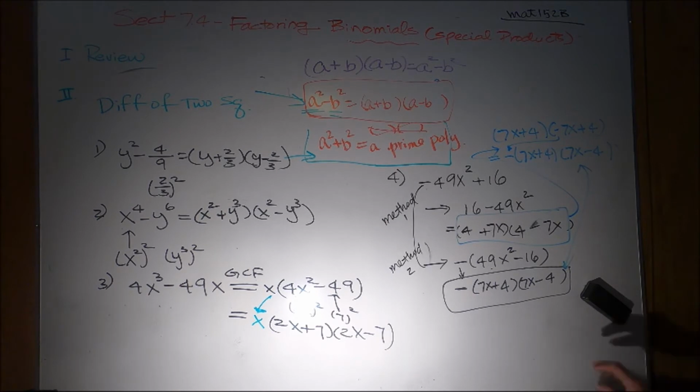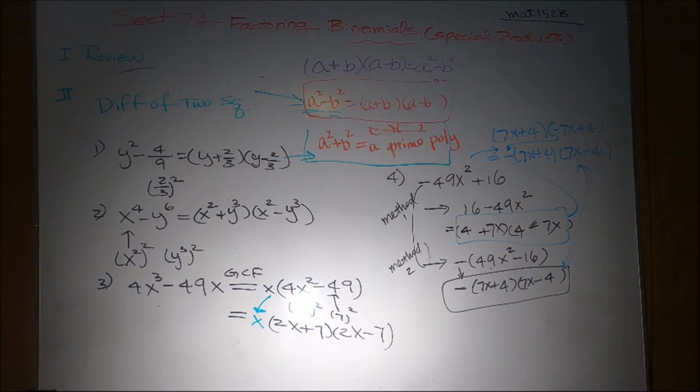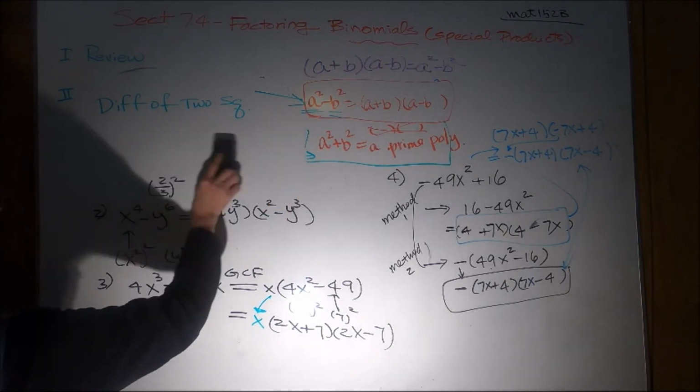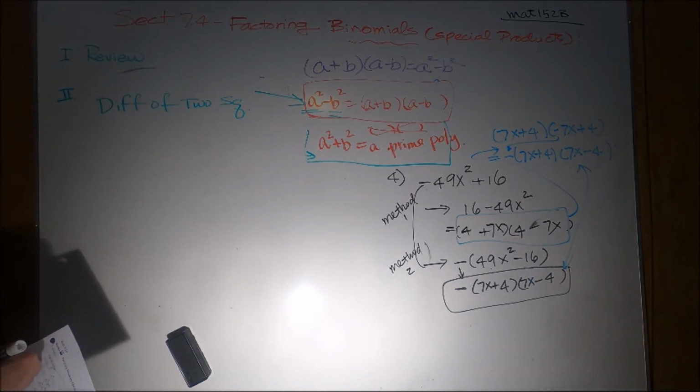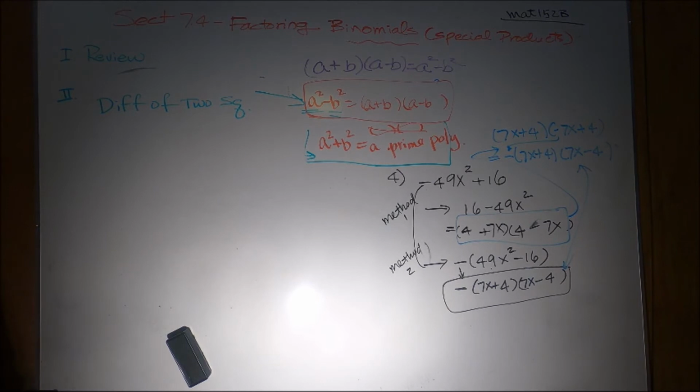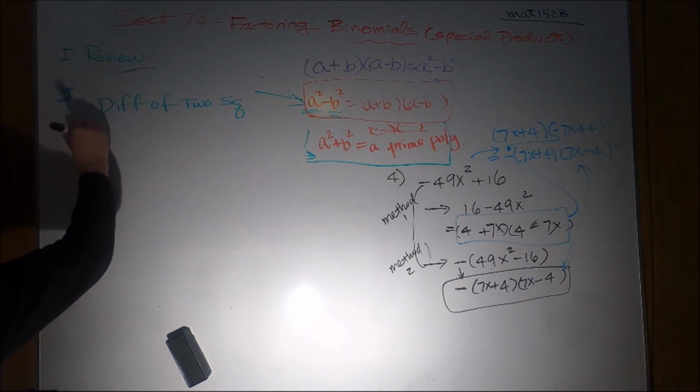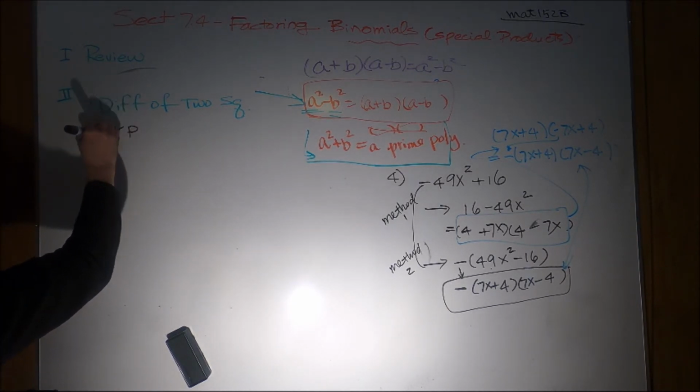So, if I have this one, which is not on your paper, let's do some more exercises. So, if this one is on your test, right? Not on your paper.